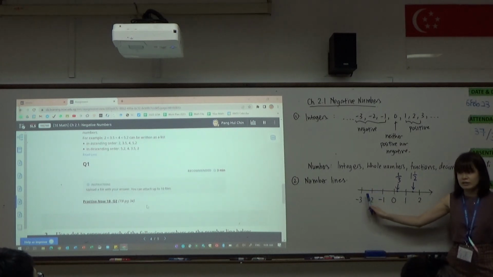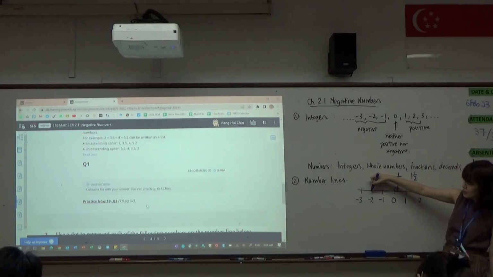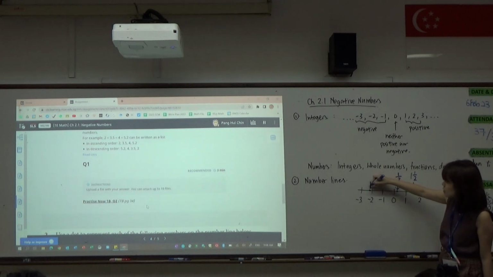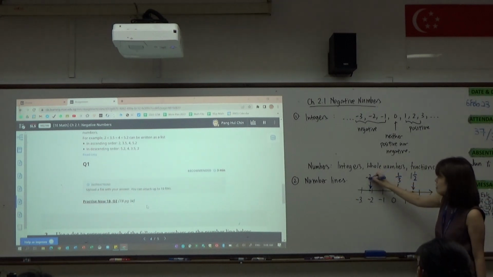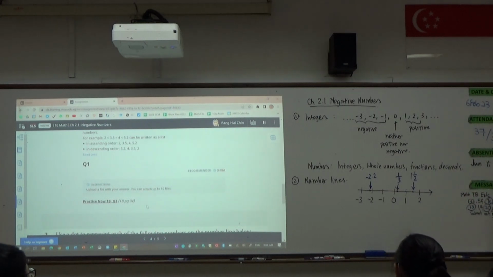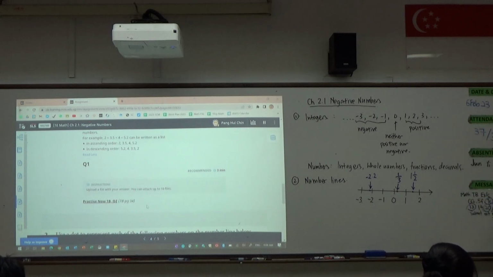So negative 2.2 should be around here, closer to negative 2. Then you put a dot and label negative 2.2. So it has to be proportional relative to the exact position.